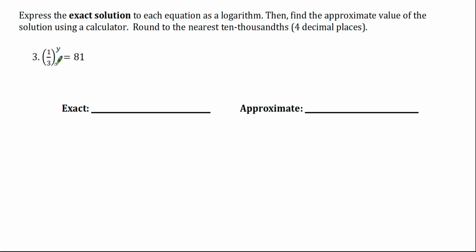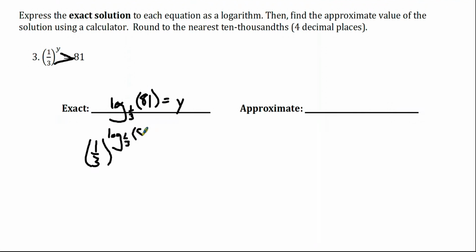Same thing on the next one. Rewrite this as a log first, so the base of the exponential becomes the base of the log. So I'll have log base 1/3 of 81 equals y. So that means 1/3 to the log base 1/3 of 81 power equals 81.